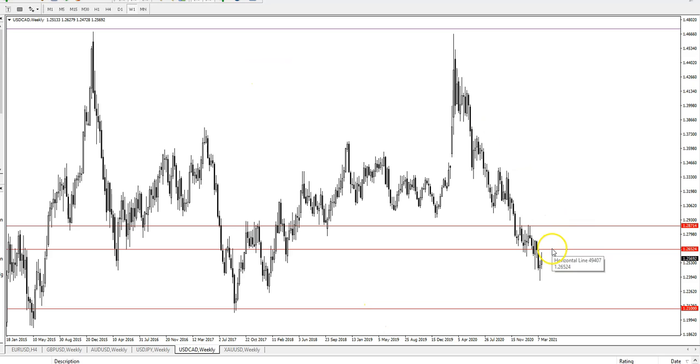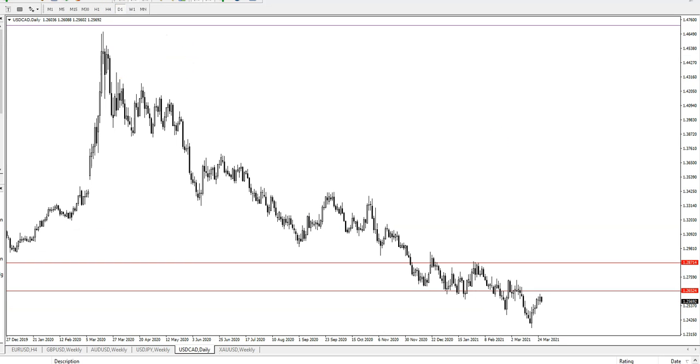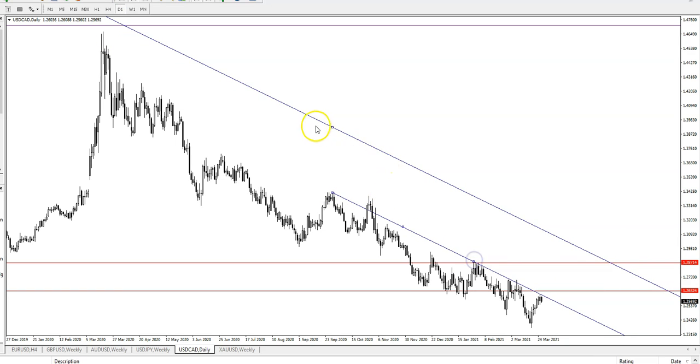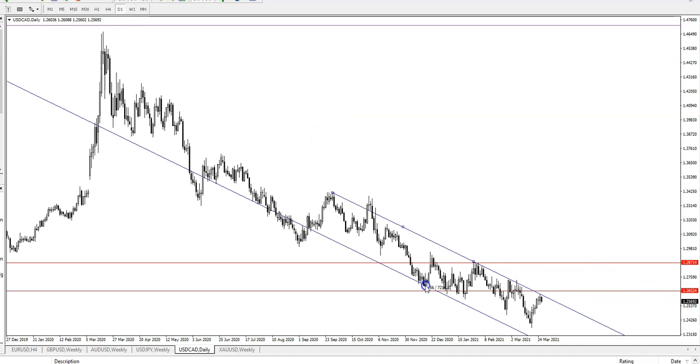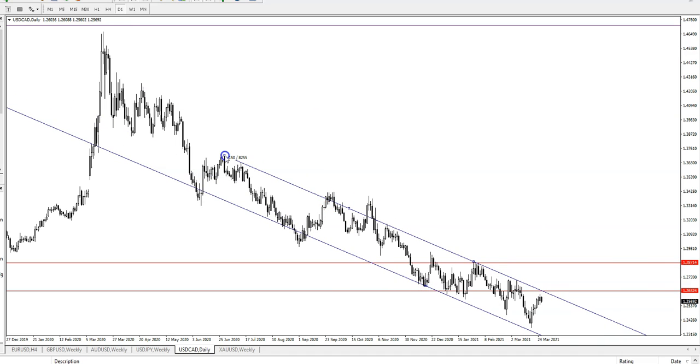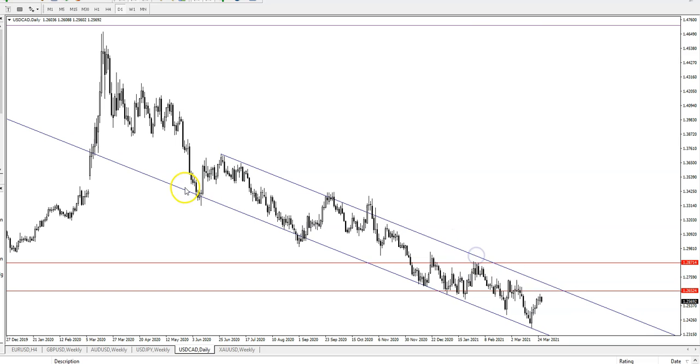CAD is bearish right now. There's a very nice trend line, sorry, channel for those who trade channels. There you go. You can probably tidy up a little bit. Yeah, so this is probably still valid.